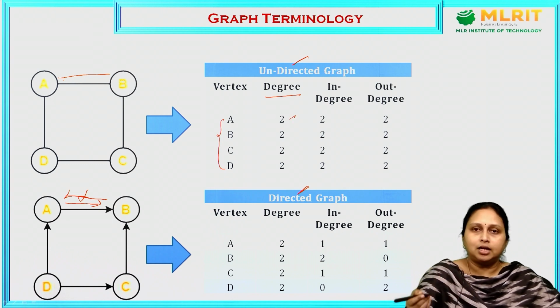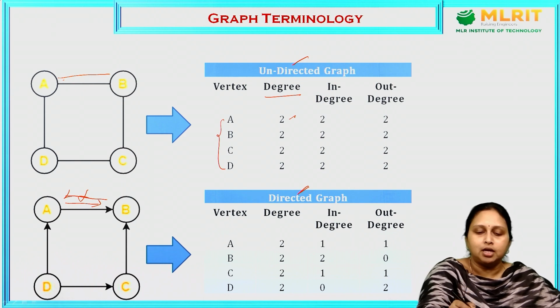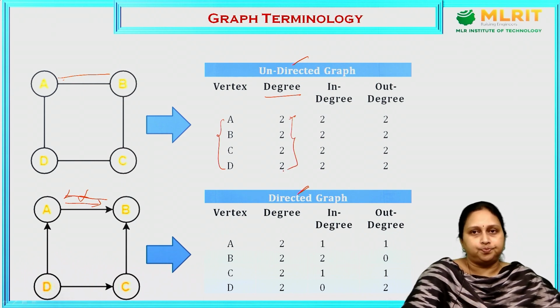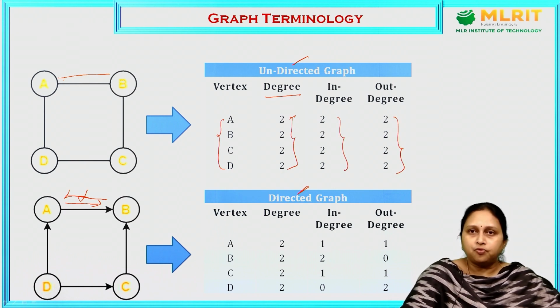For an undirected graph, you have the incoming edge as well as the outgoing edge, so for every vertex it will be 2, and the in degree is the same and the out degree is also the same. You could find the difference only in the directed graph.